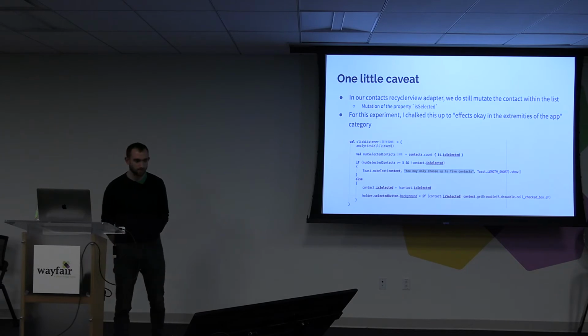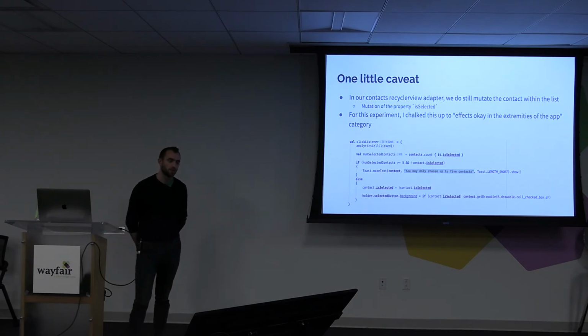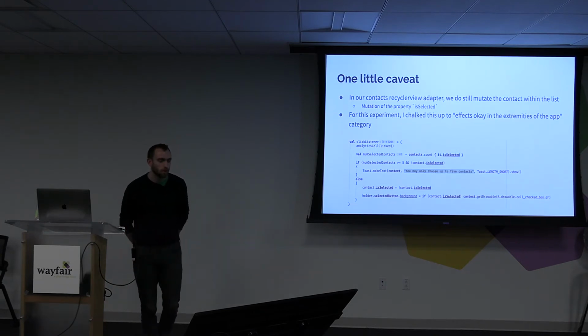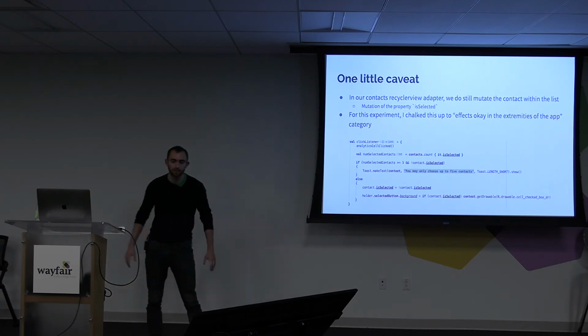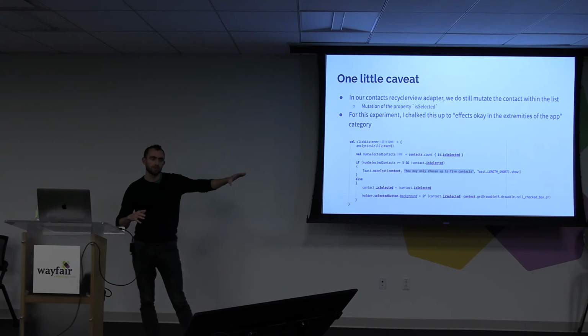So there's one little caveat. Within our recycler view adapter, which is the way that we have to display this list of contacts using the recycler view, we do change the property of isSelected within the live tracking contact. This is considered an effect. Within this app, this is kind of the outermost extremities, and for this experiment, I kind of chalk this up to this is an acceptable place to make an effect.